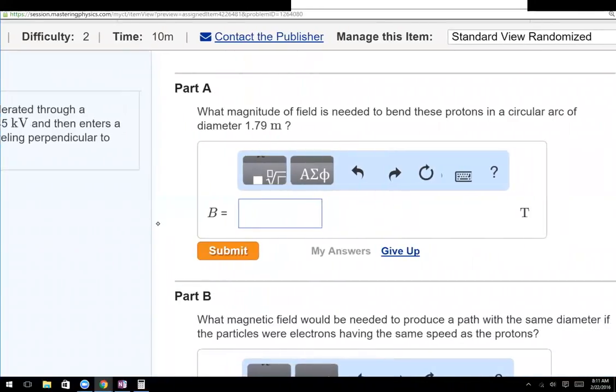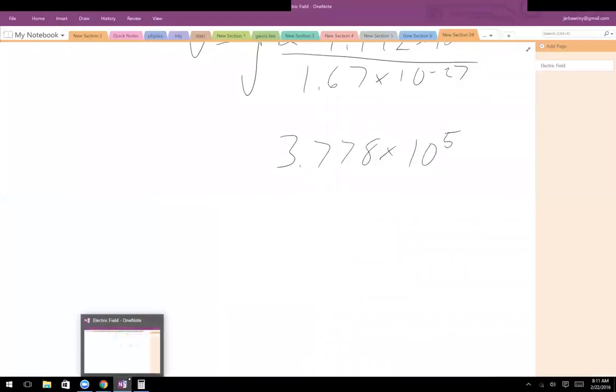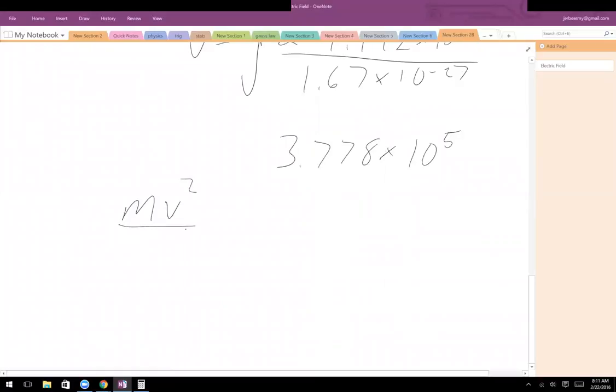Now it's going to enter a magnetic field, and we want a circular arc of that diameter. So to get the field, on one hand, we know that the field is making centripetal force, which is mv squared over r.